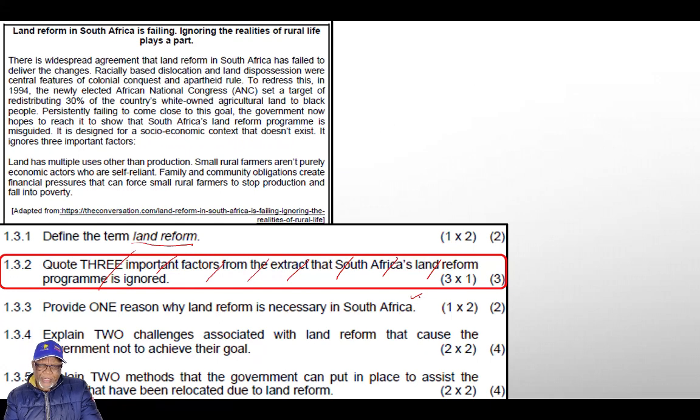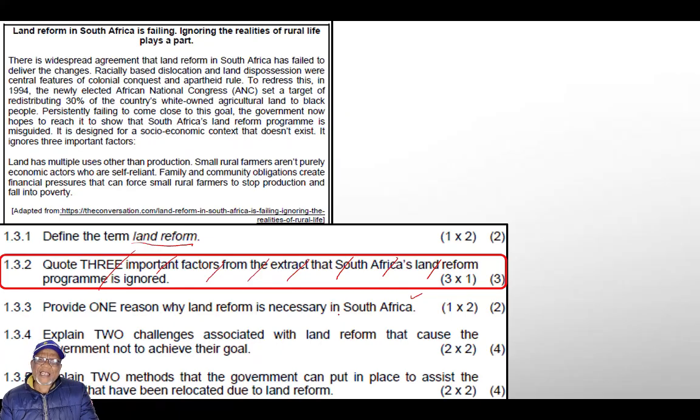But why do you think it is important? Number one, it is to reduce poverty. It's to improve access to land ownership. It is for people to be able to have integrity and dignity to own the land.